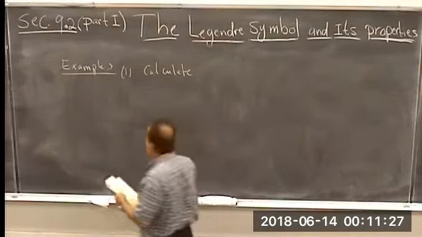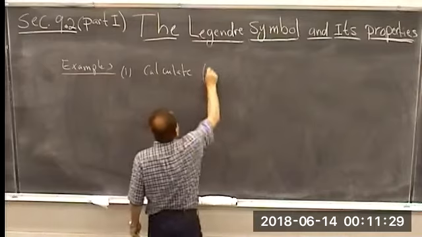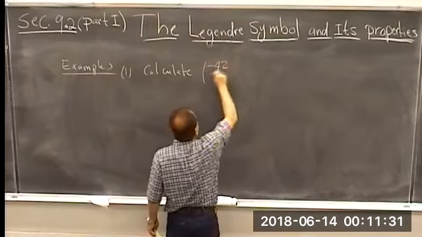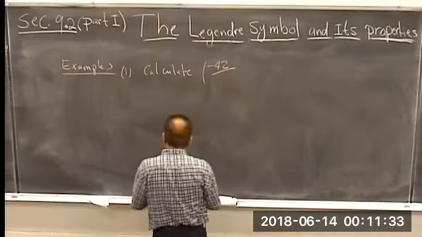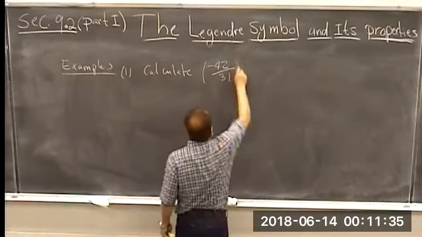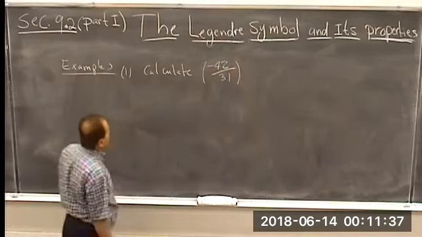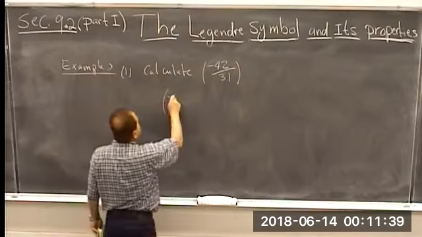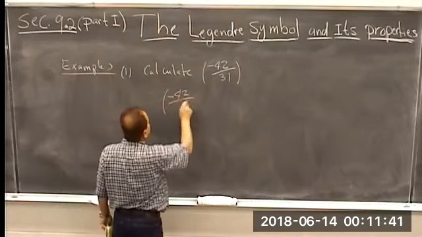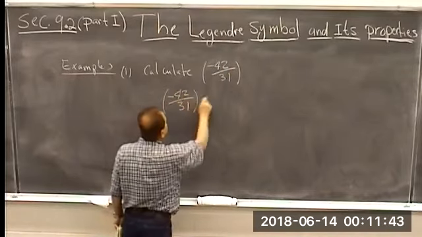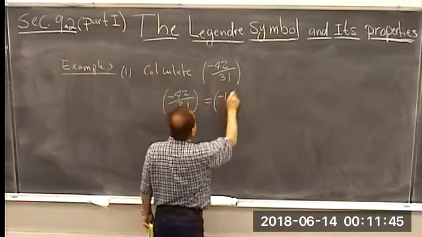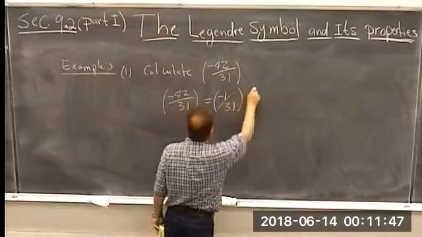Start with a negative. Remember that a is any integer, so it could be positive or negative, like negative 42 mod 31. And again, we can write this as negative 1 times 42, just the negative by itself.